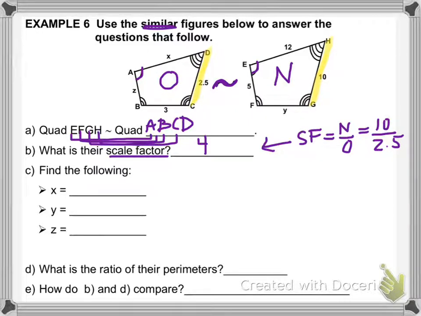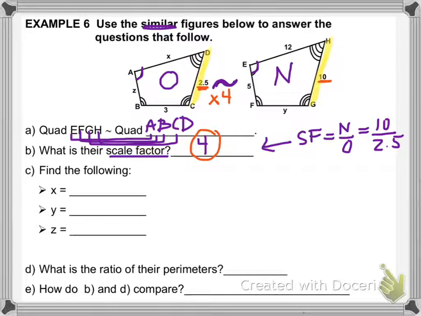So this is where you would want to either use the scale factor or set up a proportion. So proportions are really big in this chapter. So if you look at the scale factor, go back to that 2.5, right here. If I multiply it by 4, which is my scale factor, I get 10, right? I can use that same pattern for all of the sides.